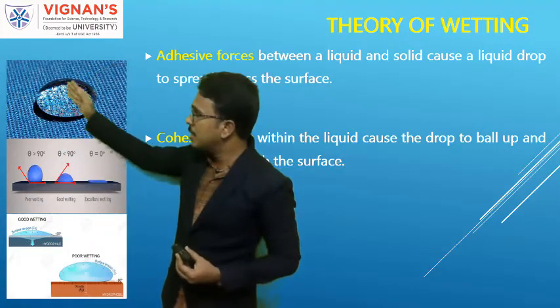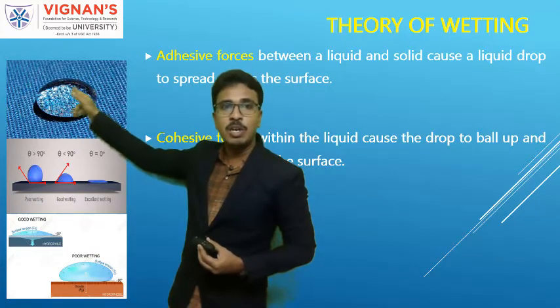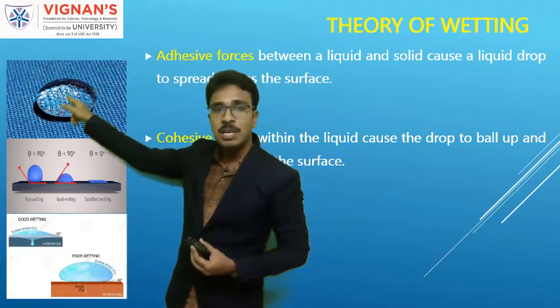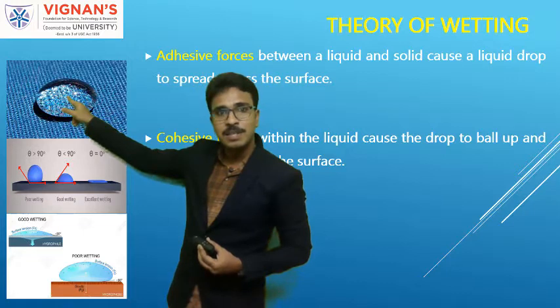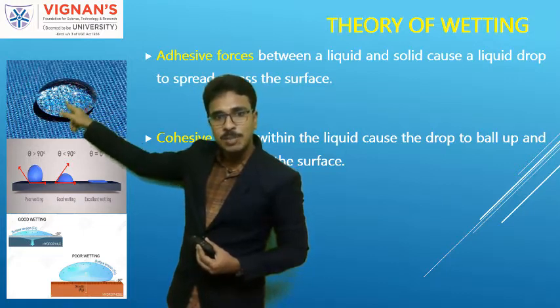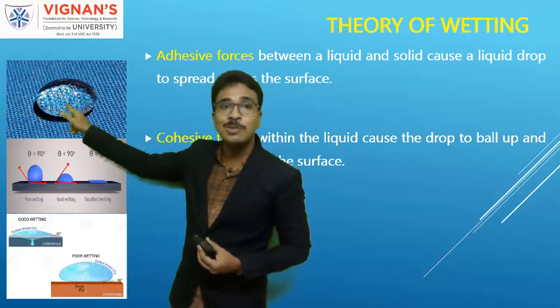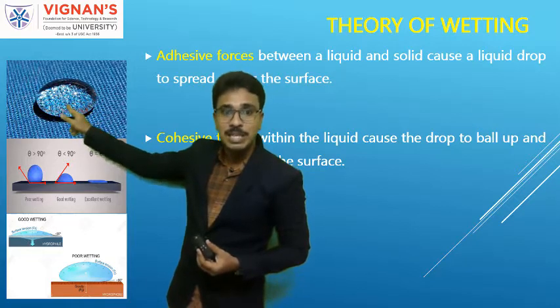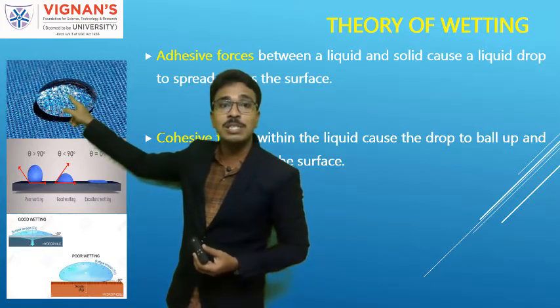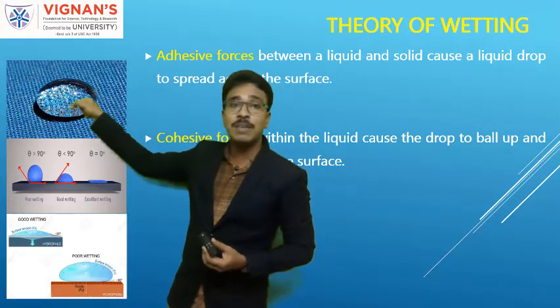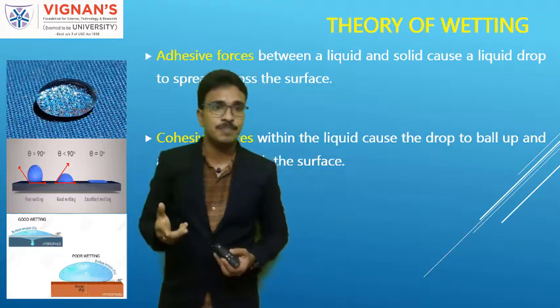Now you can see in this image, the first one, there is a droplet on the fabric surface. Do you think the droplet is absorbed here? No, the droplet is not absorbed. So it means that the cohesive forces inside the liquid droplet are more.